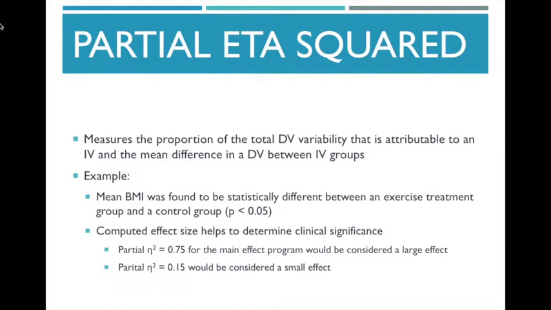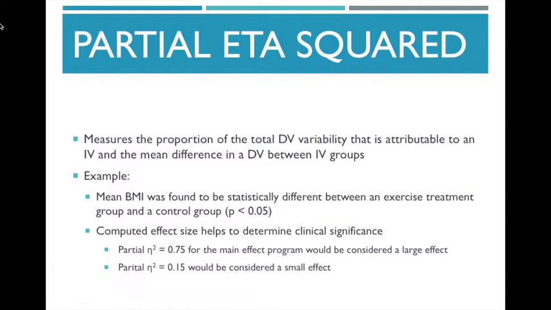A partial eta squared of 0.75 for the main effect program would be considered a large effect, which means there's a large average difference in the dependent variable between the exercise treatment group and the control group, or 75% of the dependent variable was accounted for by the program.